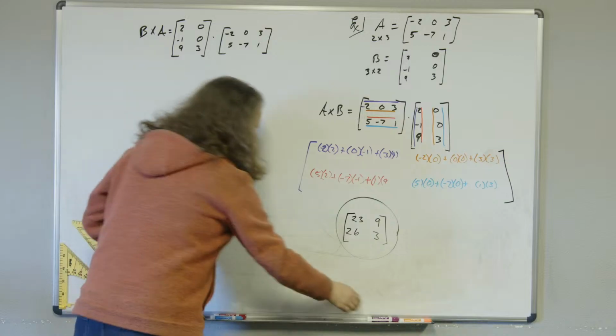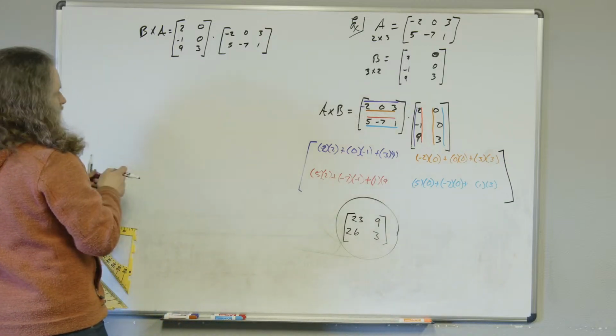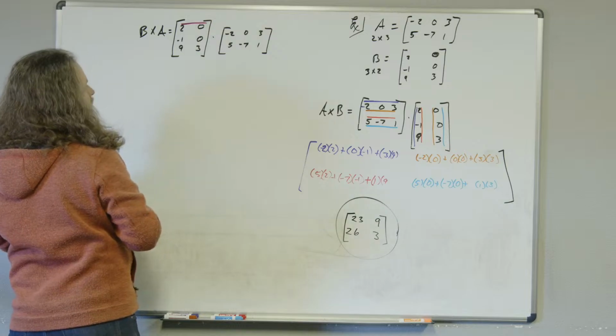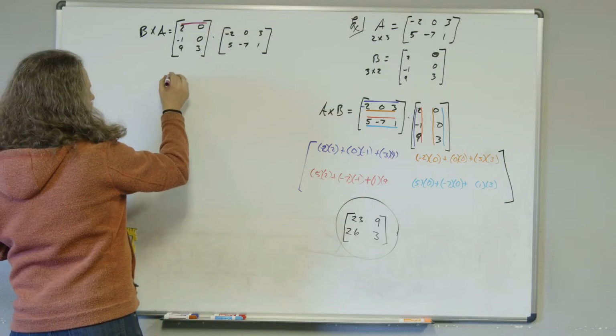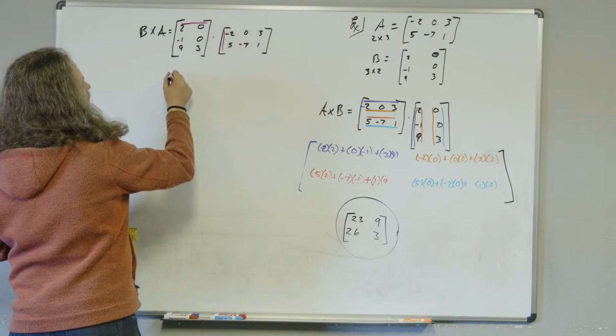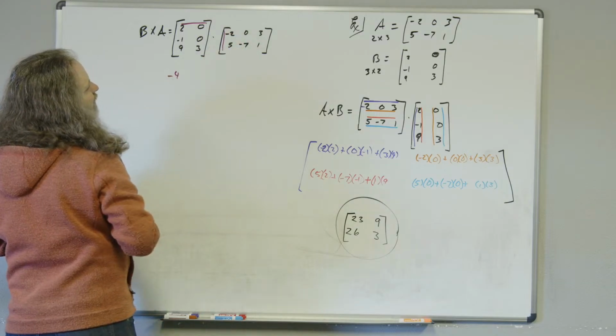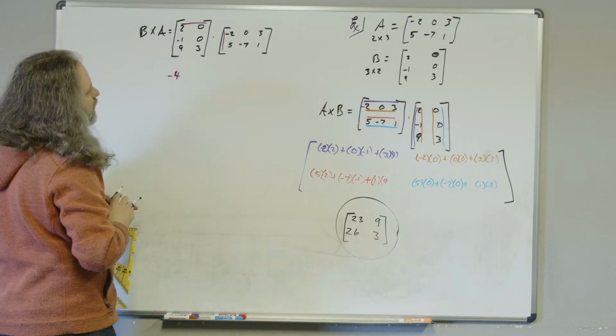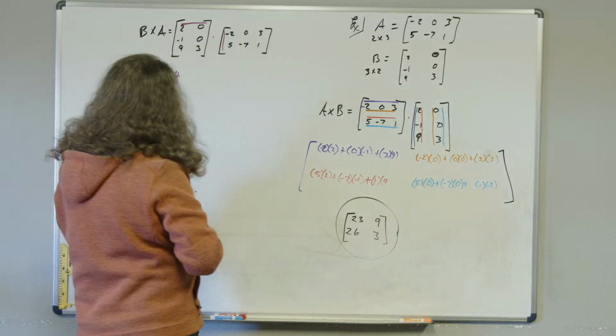Okay. So, first row times first column. 2 times -2 is -4, how about? Plus 0 is just going to be -4, right? Easy money. So then we move on to the next one.